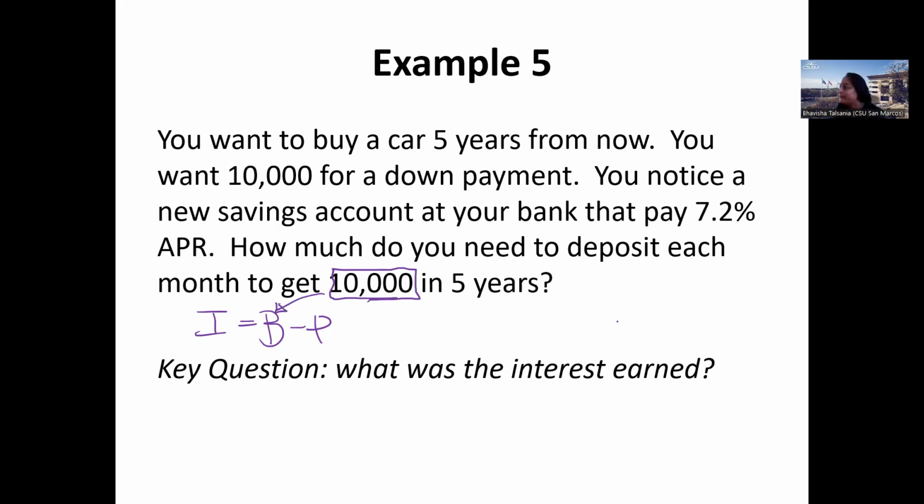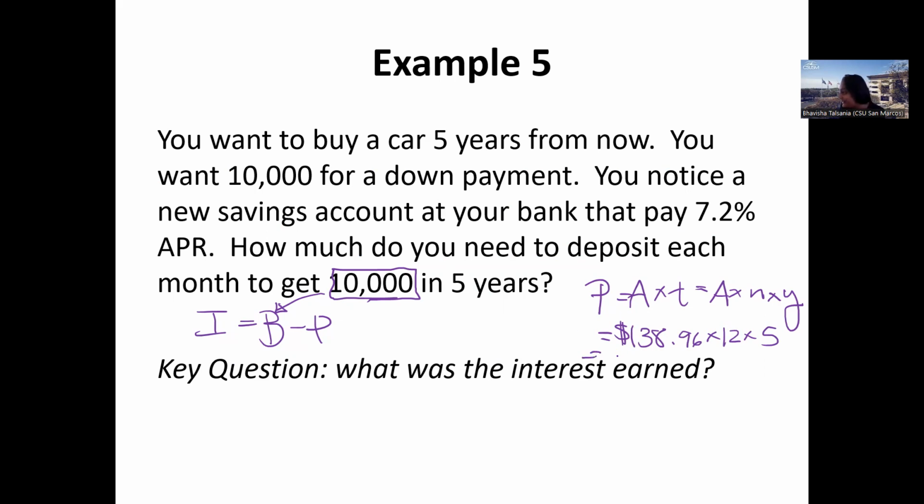Our principal, remember, principal is going to be the amount we deposit times the number of periods we deposit. And so that's just going to be A times N times Y. So we calculated that A is $138.96. I'm going to multiply that by 12 months, and we're doing that for 5 years.